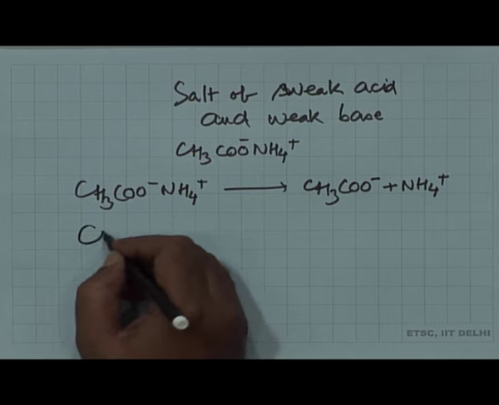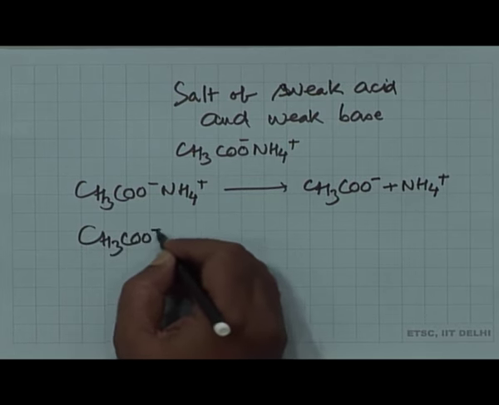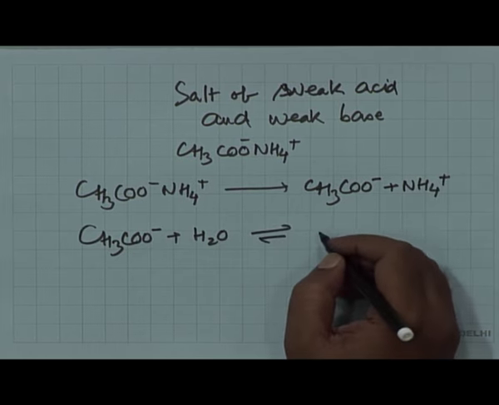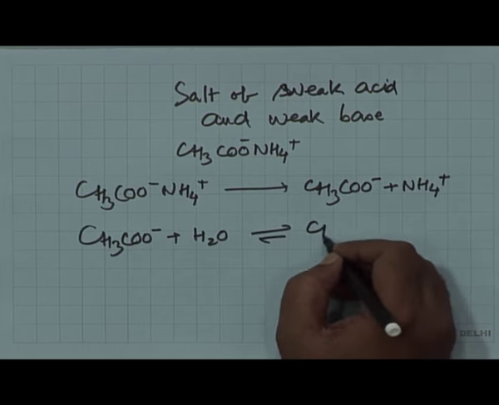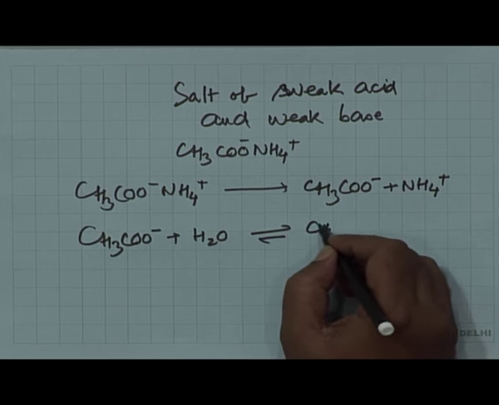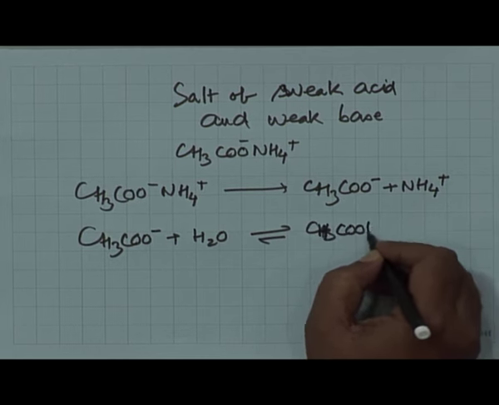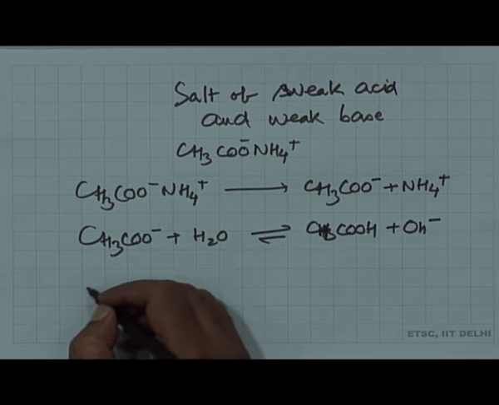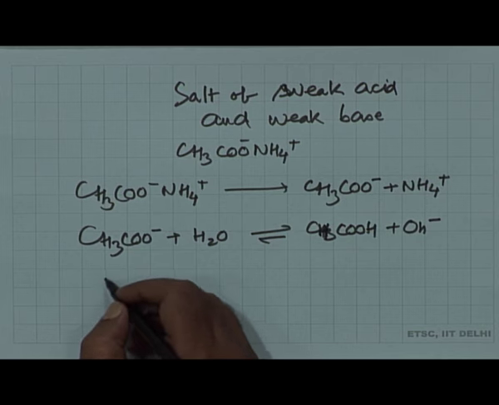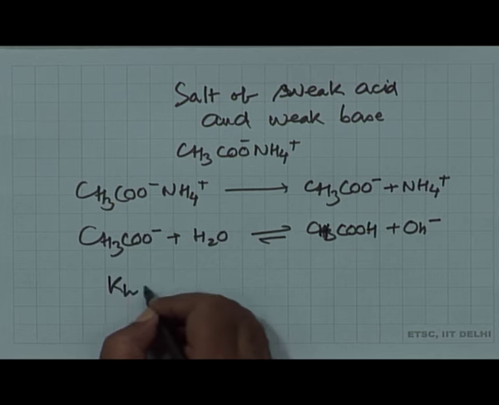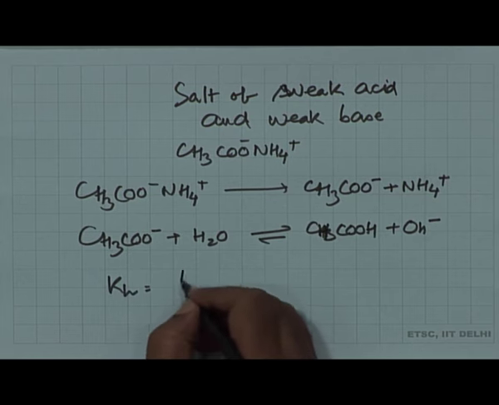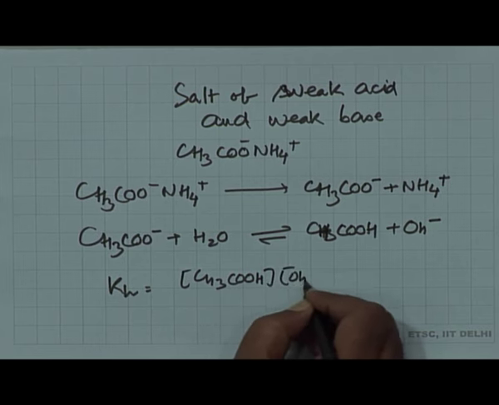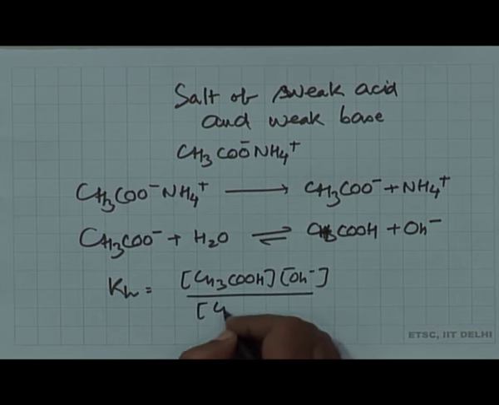And if you think about how the acetate ion will behave in aqueous solution, it will basically extract water to give CH3COOH plus OH minus ion, and Kh will be equal to CH3COOH into OH minus divided by CH3COO minus.